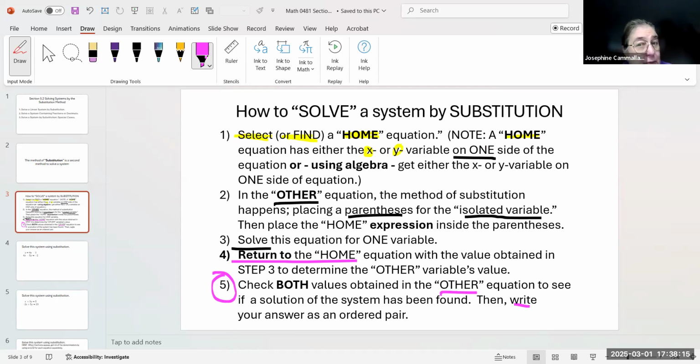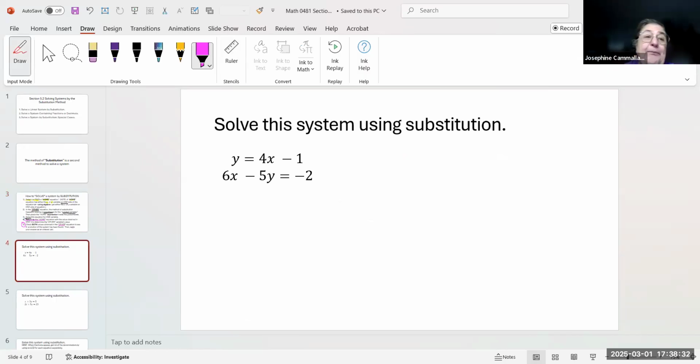Now, some of you may like this, some of you may not. Sometimes it's always easier for me to show you than it is to give you these 5 steps. But the steps work when you're just learning and you don't know how to do it. Let's begin.